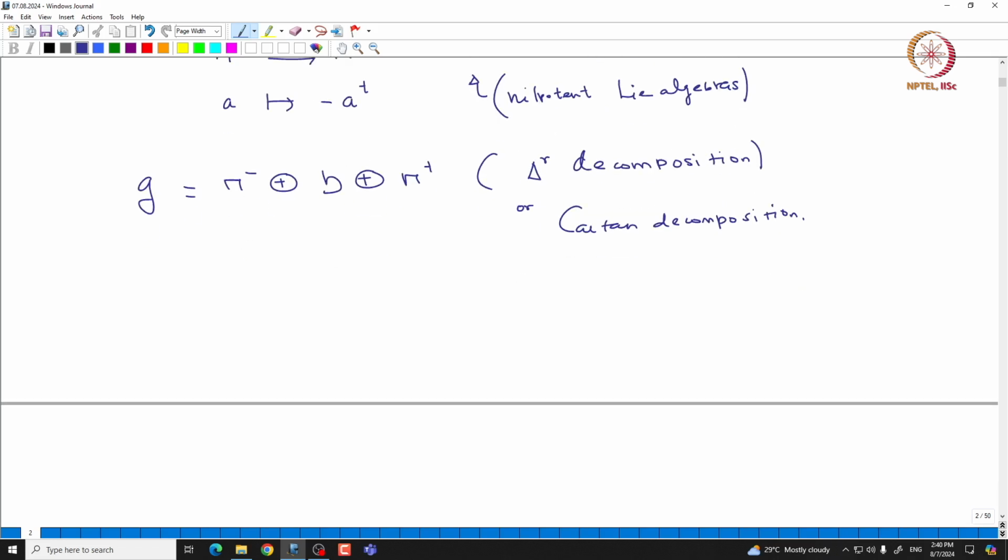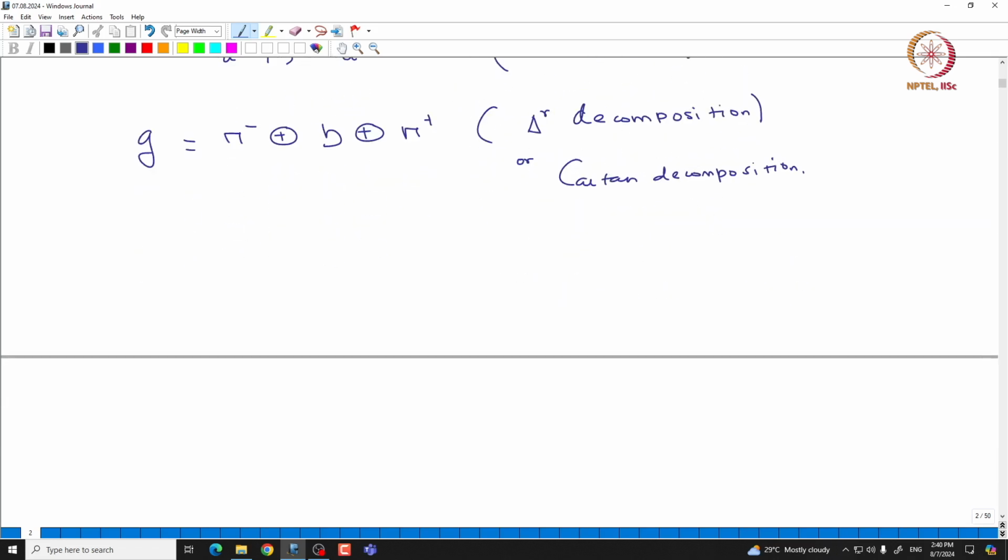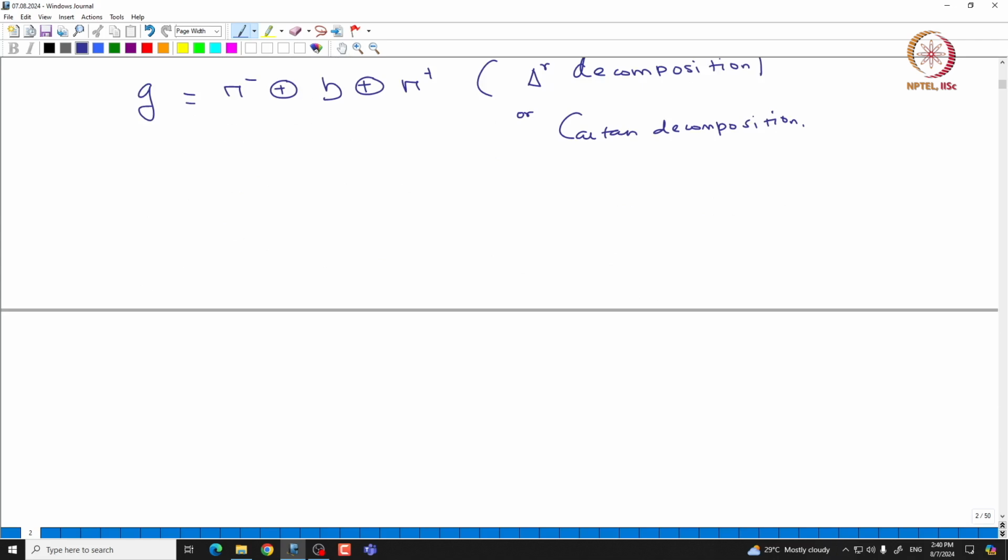Now let us make some important observations about the Lie algebra G. I will make this proposition. It is indeed a very trivial proposition, but it is important to note it down.